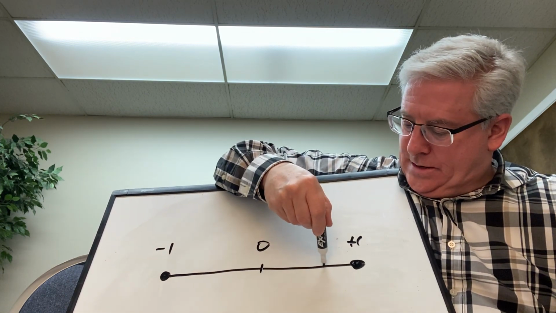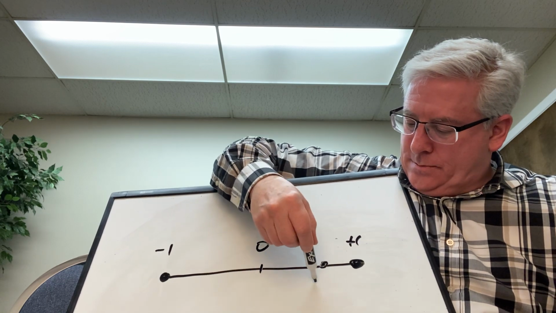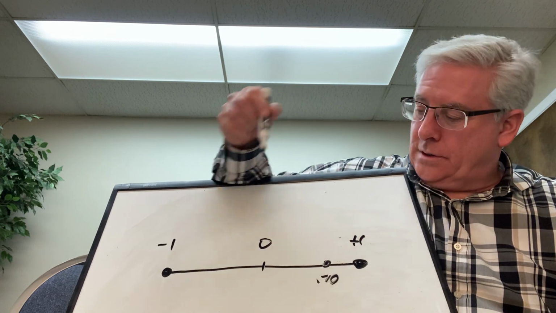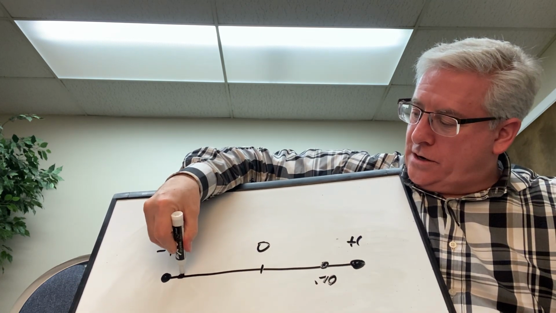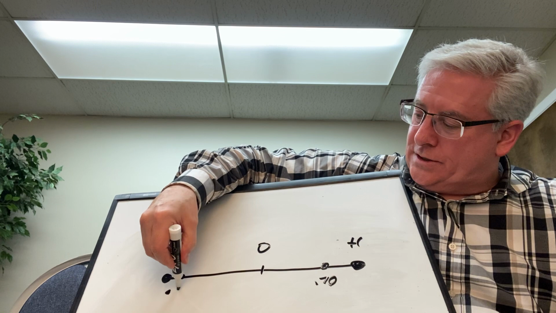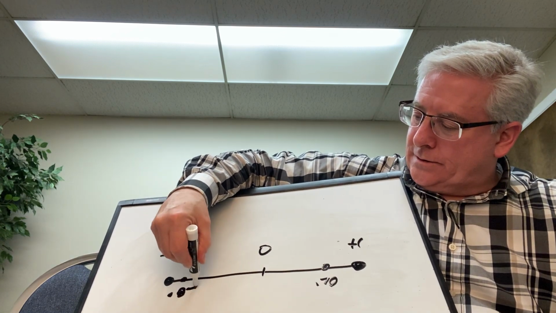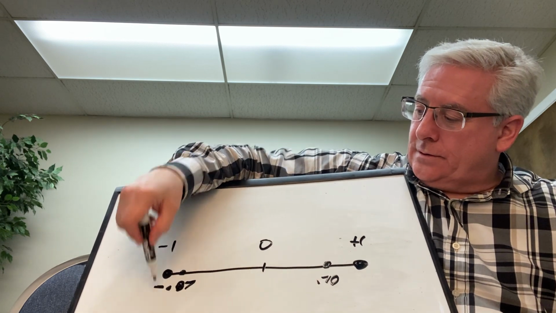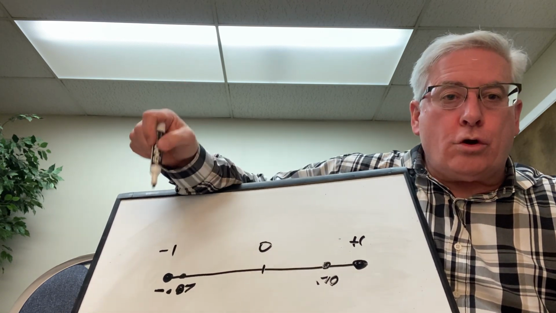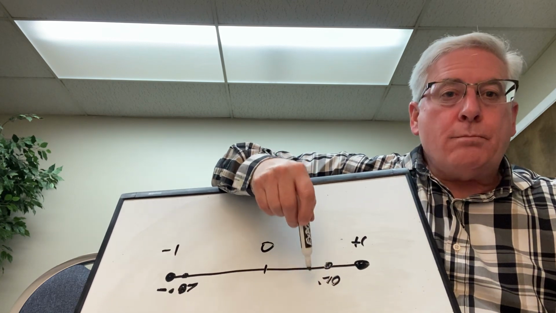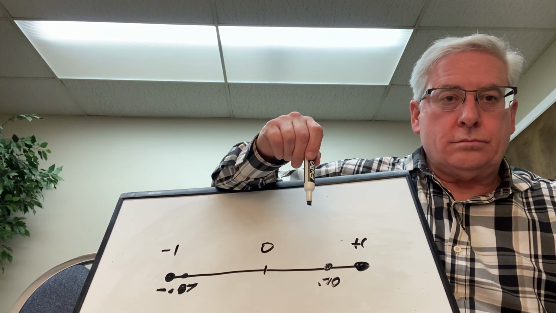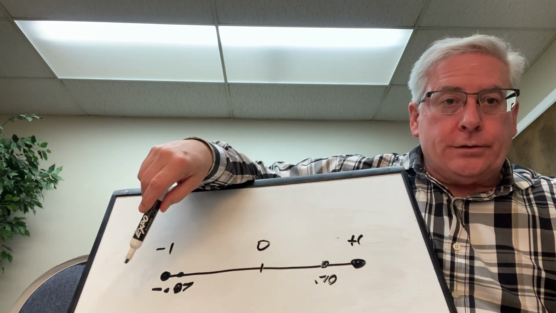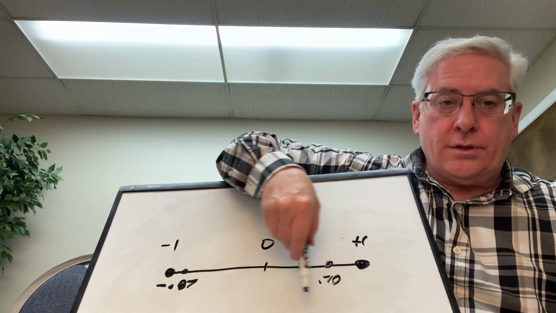So if this is a 0.70 correlation, and over here you have a 0.87 correlation, the negative 0.87 is a stronger correlation than the positive 0.70. Okay? It means that you can predict better. The further away from 0, the better you can predict.